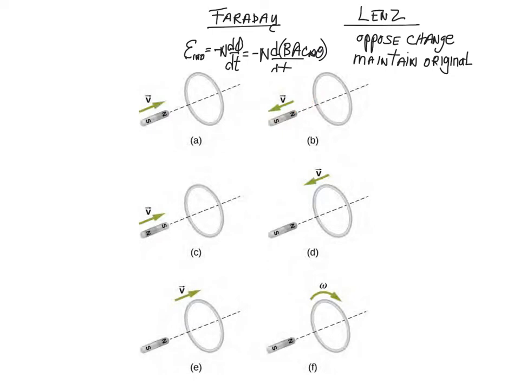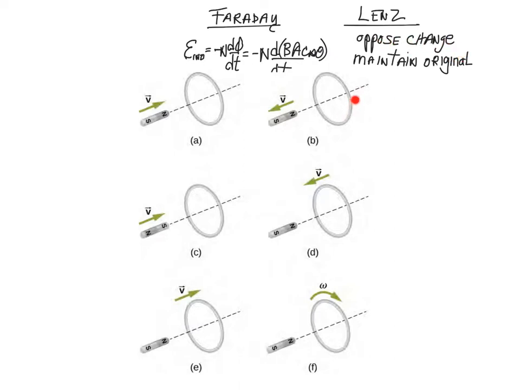If we pull the North Pole out, no surprise, it's going to be the opposite because the flux is decreasing. And so in that case, you'll want the current going the opposite way so that the field is in the same direction as the field that you're losing. You're trying to maintain the original, oppose the decrease in flux.